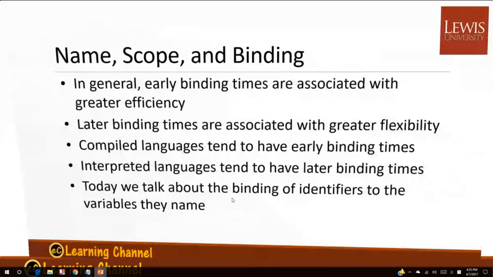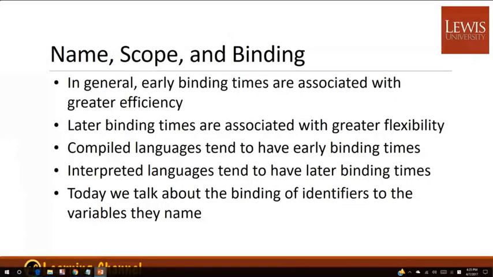In general, early binding time is associated with greater efficiency. This is talking about the compile, the static binding. Later binding time is associated with greater flexibility, because you can always find a different library for you, but that will consume more time. Compiled languages tend to have early binding time. Interpreted languages tend to have late binding time, and hybrid types actually take advantage of both.